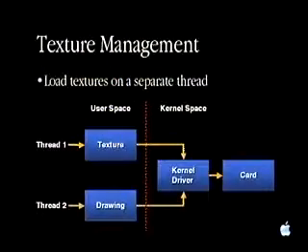So here's a little diagram for texture management. One thing that we recommend on OS 10 is to split your texture loading off to a separate thread. If you're going to be spooling through a lot of textures, it's a good idea to maybe spawn a thread that will do that work for you. There are a couple of reasons for that.